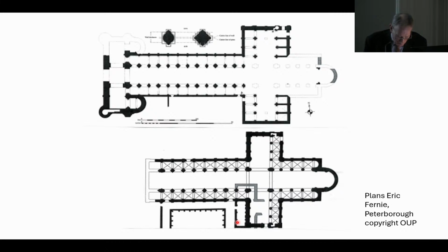The dimensions look very much as though Peterborough was conceived as a same scale, 1-to-1 copy of Ely, though the sizing is not exact. I've aligned these on the inner face of the eastern apses.